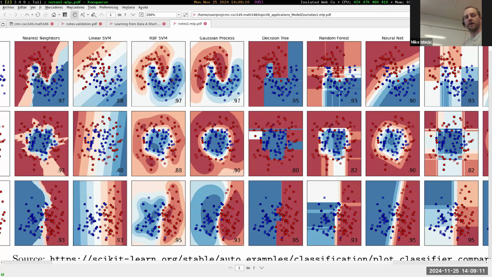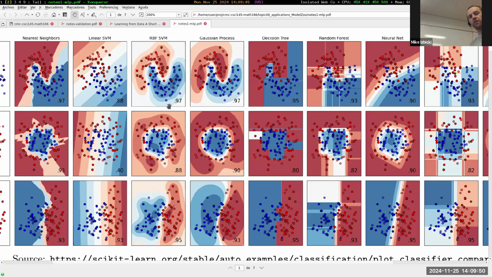Nearest neighbors does have strong decision boundaries over here that seem like they mostly follow what our intuition would expect. The RBF SVM, RBF stands for the radial basis function. It is a synonym for the Gaussian kernel. RBF and Gaussian kernel, the same thing. And you can see that this decision boundary for the RBF SVM looks very similar to the decision boundaries of the nearest neighbor, except that there's more weight being placed definitely on the inside of these regions.